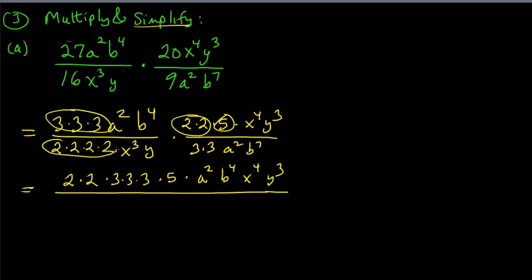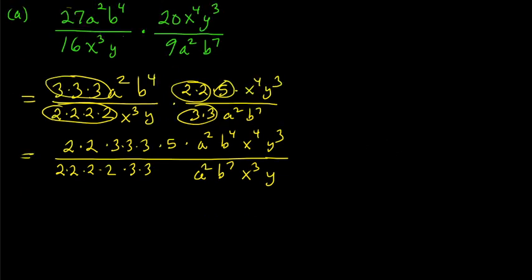In the denominator, I have 4 2's, right? So 2 times 2 times 2 times 2, and then the 2 3's. So those are the numbers. And then the variables, right? So I'll put the a squared first, b to the 7, x to the 3, and then y.